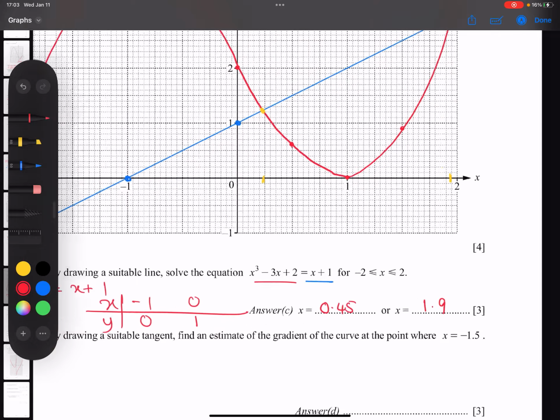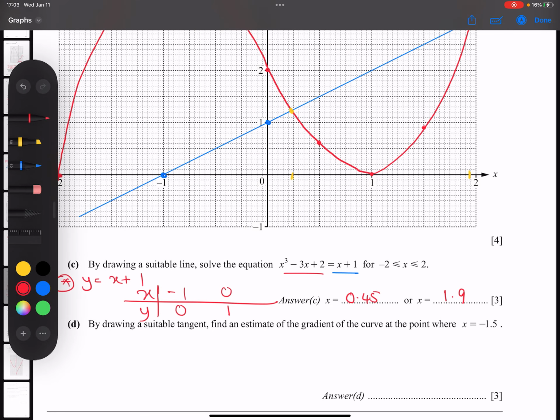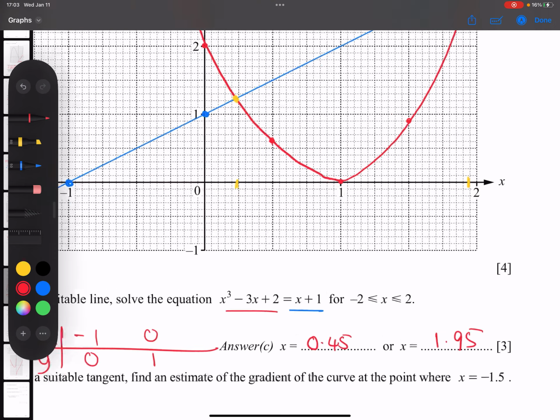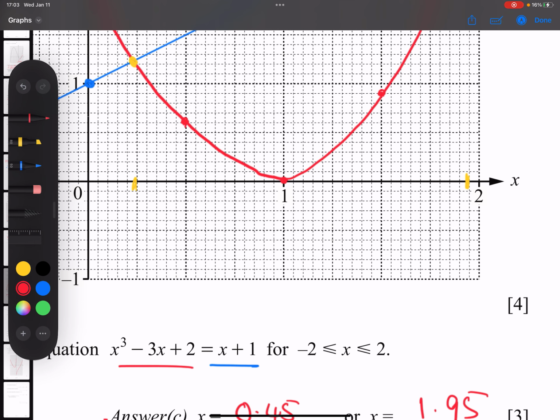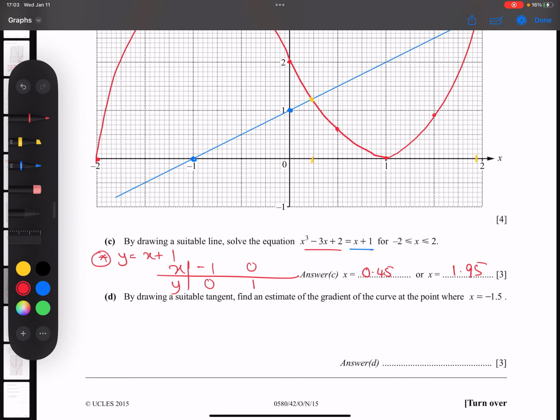My fault. So 1.9, and I think it's 1.95 because each increment goes by 0.05. So this is 1.75, 1.8, 1.85, 1.9, 1.95. So this is 1.95 because each box is 0.05.